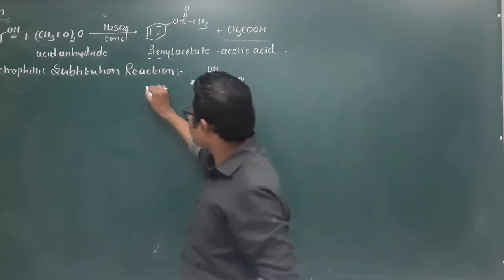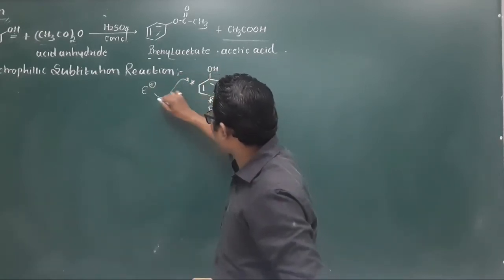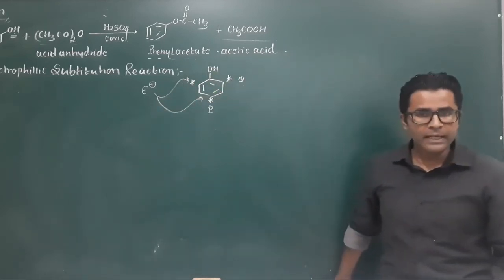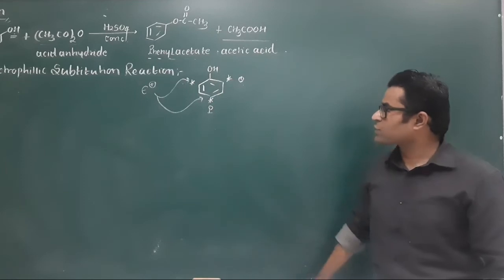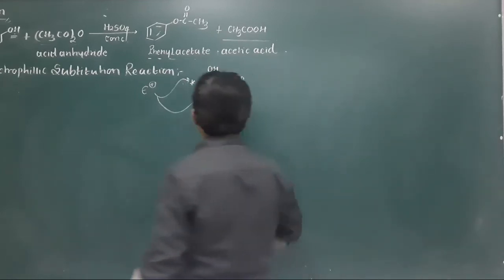That means the electrophiles will tend to attack at the ortho or para positions. There are several types of reactions we are going to look at one by one. So first one, let's observe.